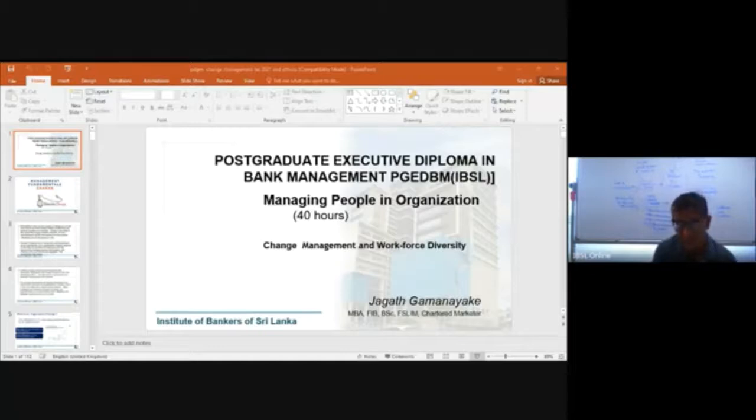What are the symptoms of resistance? One is developing disinterest towards work. They don't want to work. Another symptom is increasing absenteeism, not participating in any discussion, not supporting. Also feeling tension and discomfort, participating in shutdowns and strikes. Those are symptoms of resistance.